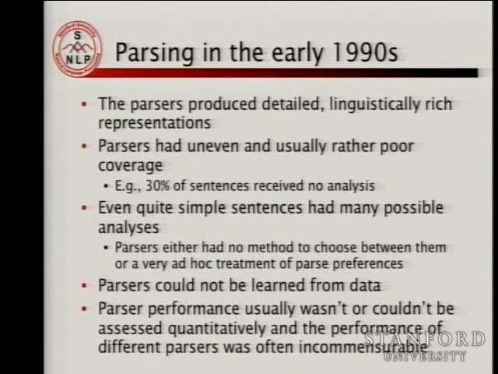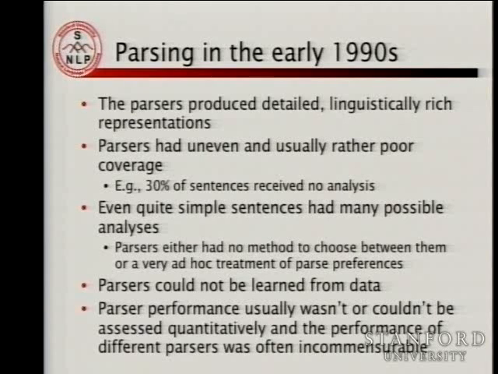But if you actually tried to run these parsers, just pick up this morning's New York Times cover page article and start trying to parse it, what you found is that these parsers had very uneven and usually rather poor coverage. They'd be good in a few little areas that the grammar writer had worked on carefully because they really liked them, but in most other respects the coverage would be quite poor. In particular, commonly the parser would fail to return any analysis at all for quite a large percentage of sentences.